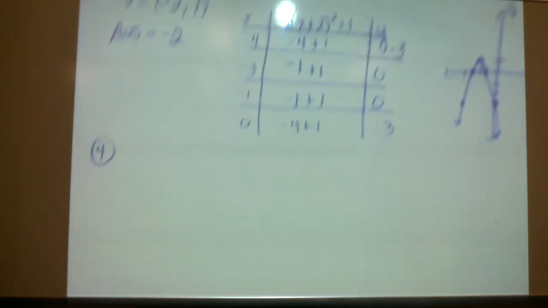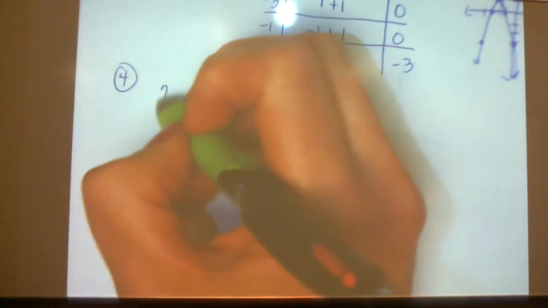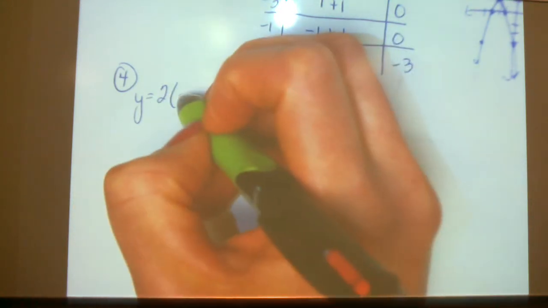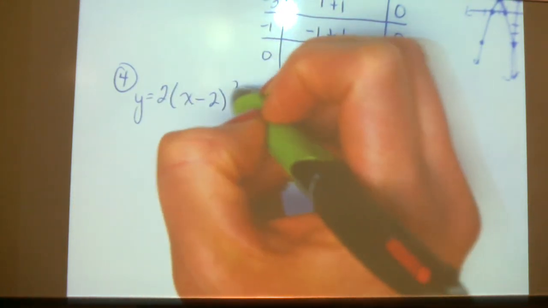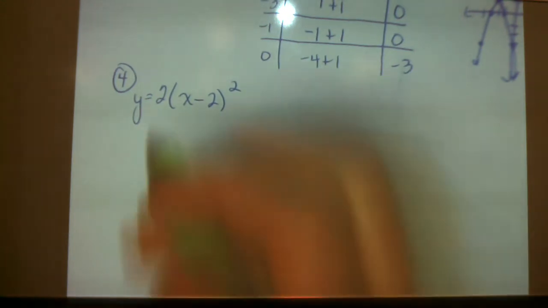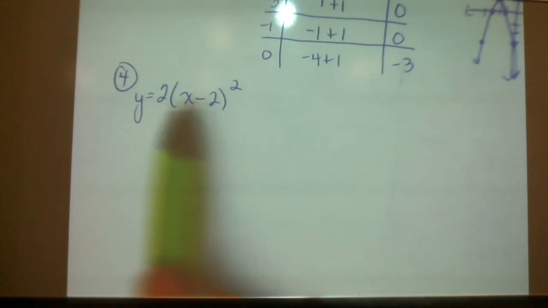Let's take a look at number 4. Let's do y equals 2 times x minus 2, and then squared. So first of all, I'm looking at this is a positive, so I know my graph's going to be opening upward.